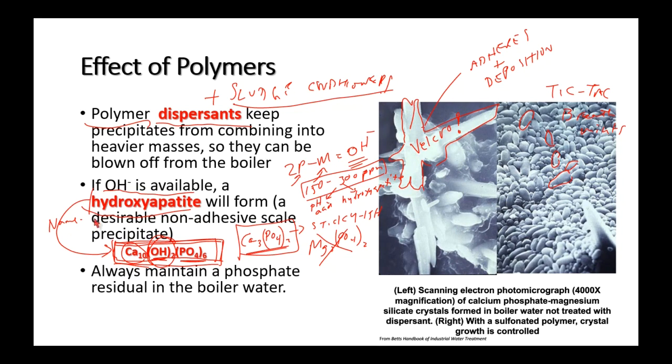So when you're reading a technical bulletin and they talk about hydroxyapatite, now you know what it is. So it's a calcium phosphate precipitate, but it's a calcium hydroxide phosphate precipitate. Why do we like it? Because it's not like Velcro. It's more like this. So if we're forming hydroxyapatites, that's the better form of precipitate because we will use less sludge conditioner.